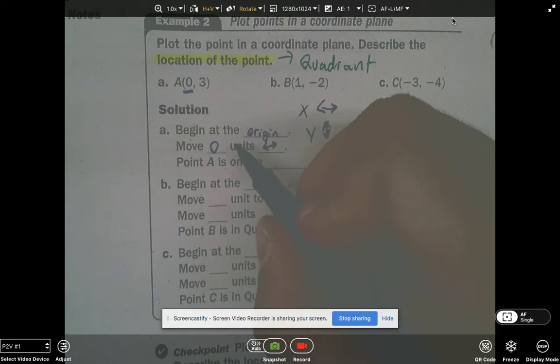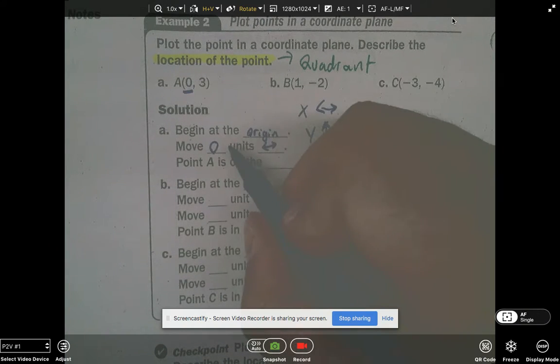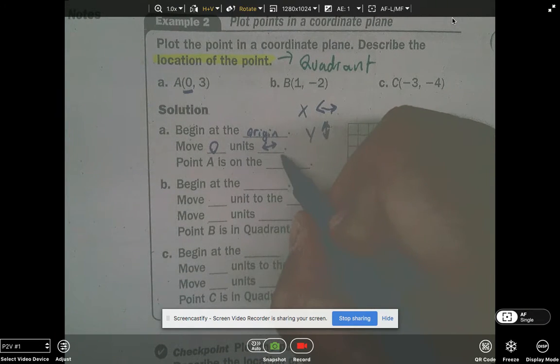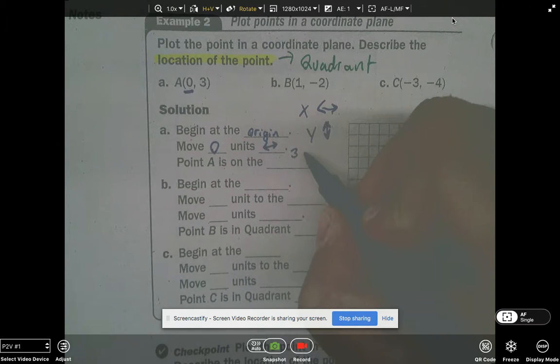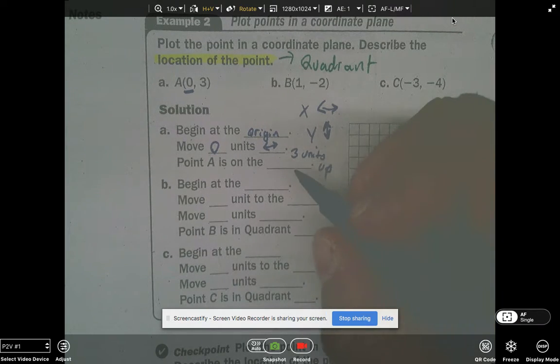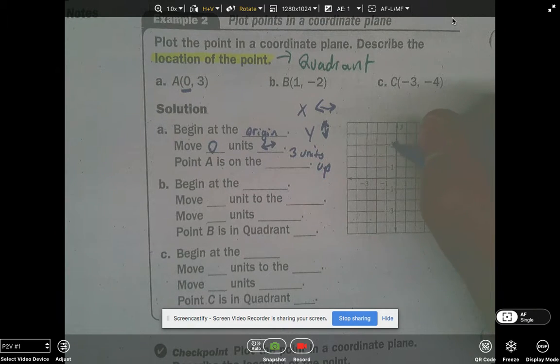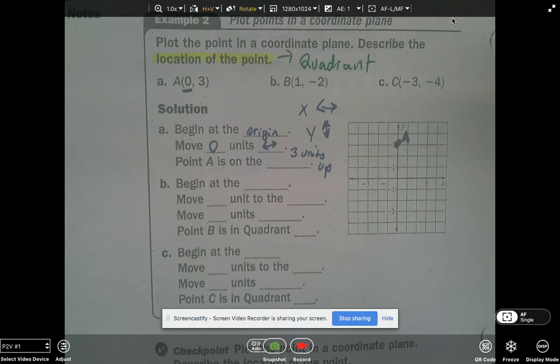And so all we have to do is go 3 units up on the y-axis. So basically, you're going to go 1, 2, 3. Put a dot, call it A.